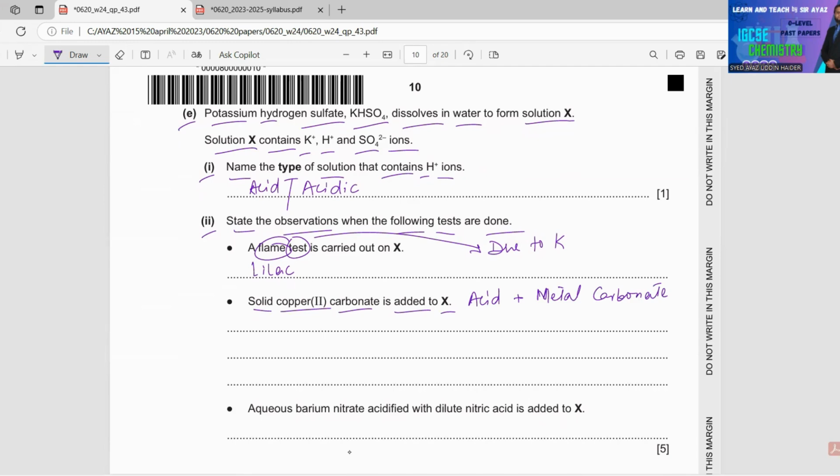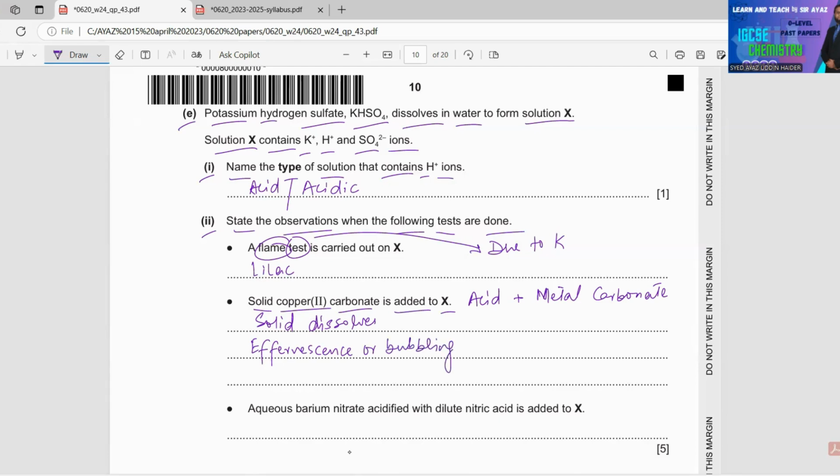So the solid dissolves during this reaction. You will get 3 products: salt, water, and carbon dioxide. Carbon dioxide is produced, so it will give effervescence or bubbling.